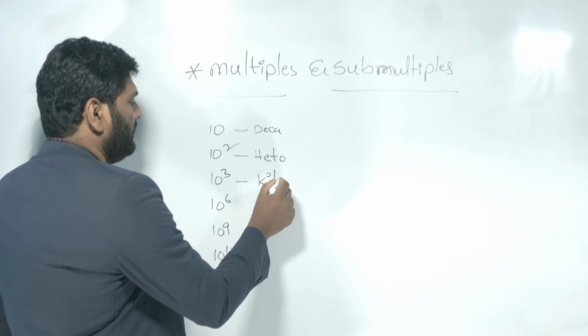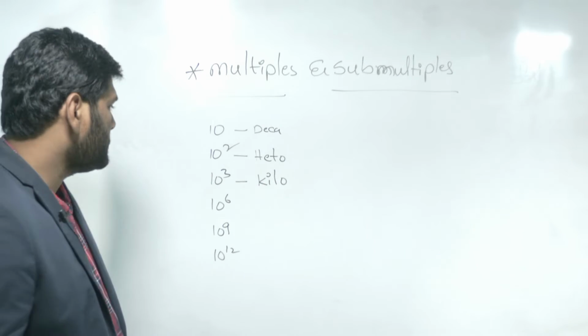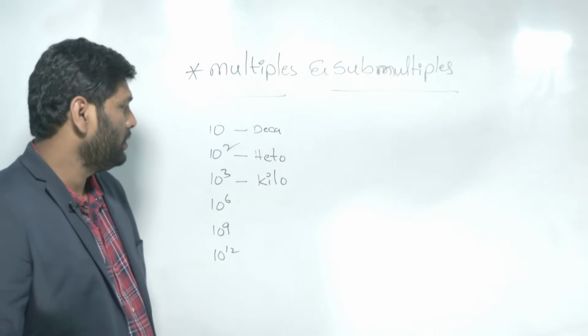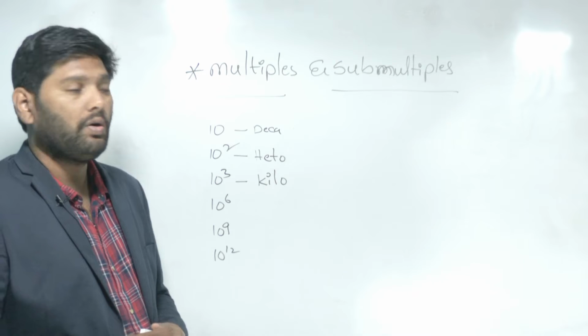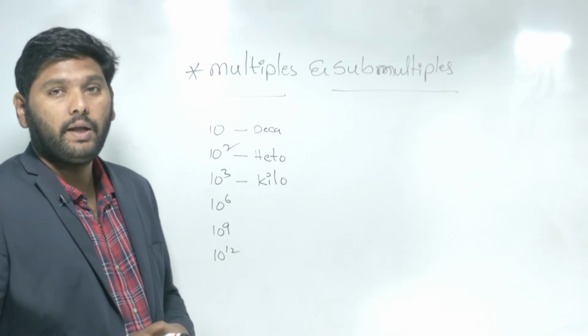Generally we call 10 power 3 kilo. 10 square means hecto, and 10 means deca.